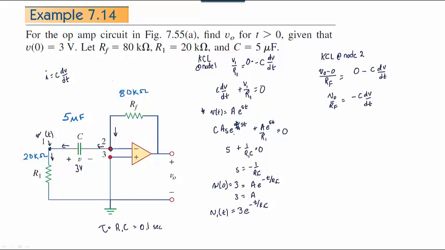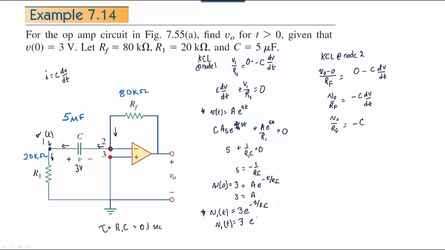But guess what? We have what V of t is right down here, so we can substitute that in up here. And so we have V out over the feedback resistor equals minus the capacitor value, still the same, and then dV/dt here. So we have to do that derivative.